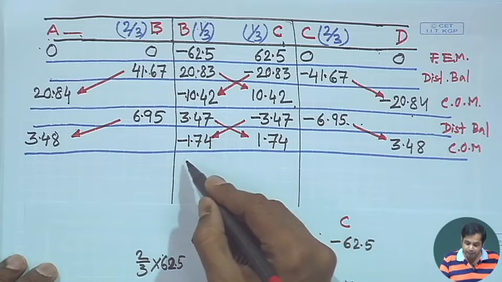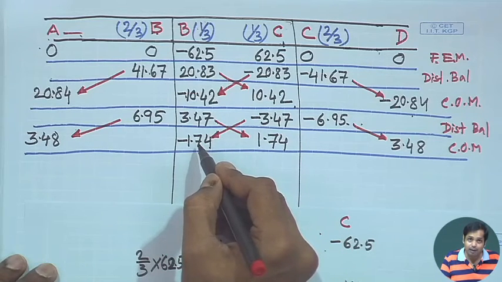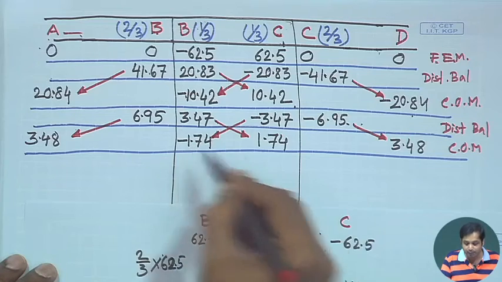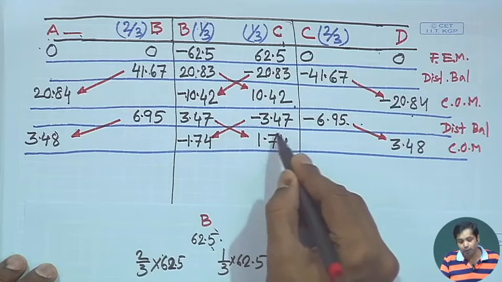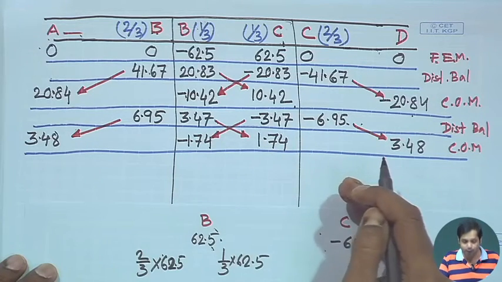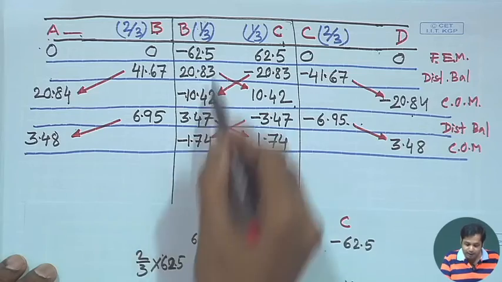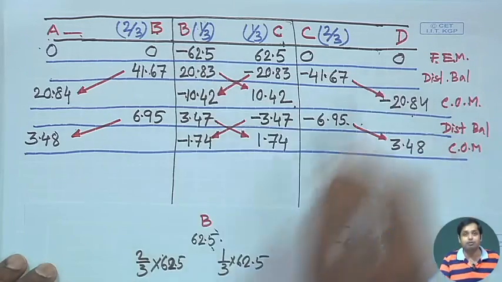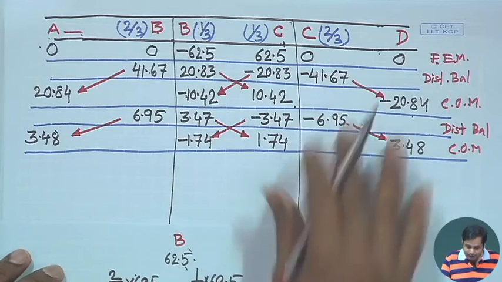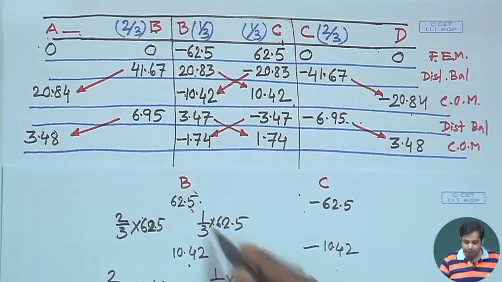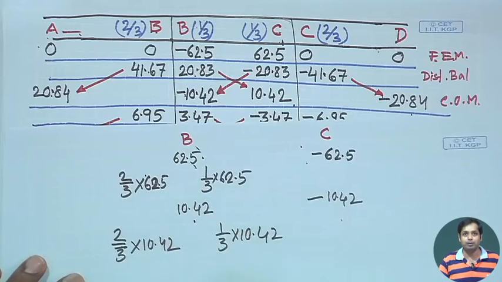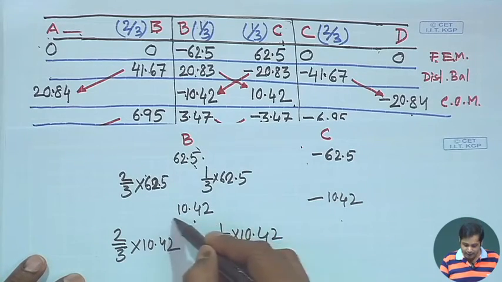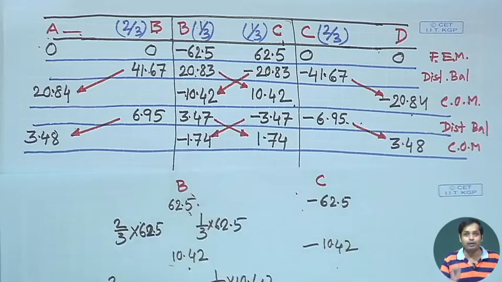We need to apply a balancing moment of 1.74 at B and minus 1.74 at C, and that balancing moment will get distributed to BA, BC and CB, CD as per the distribution factor. So we need to repeat this process, but in this case instead of 10.42 it will be 1.74.